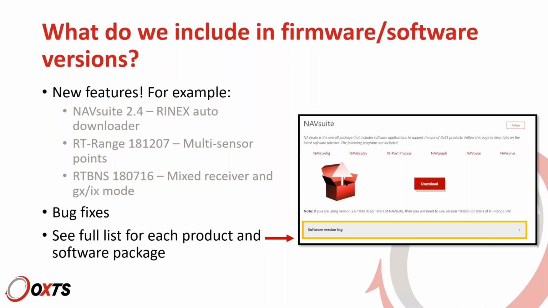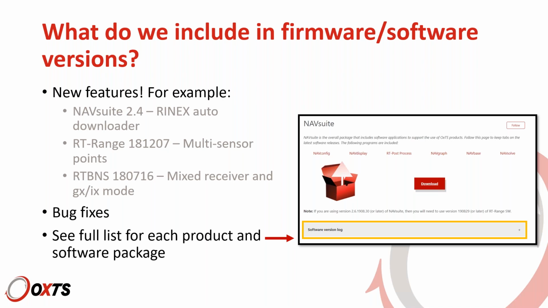So what's included in each firmware and software release? It's two things mostly. It's new features or enhancements, but it's also bug fixes. So there's a list on the slide of some big new features that were included in some of the more recent releases.